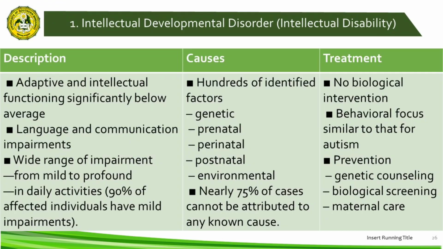So, intellectual developmental disorder was previously termed as mental retardation and was changed to intellectual disability. At ngayon sa DSM-5-TR, it is called intellectual developmental disorder. So, the DSM-5 criteria for intellectual developmental disorder no longer include numeric cutoffs for IQ scores, which were present in previous versions. So there are literally hundreds of known causes of intellectual disability.